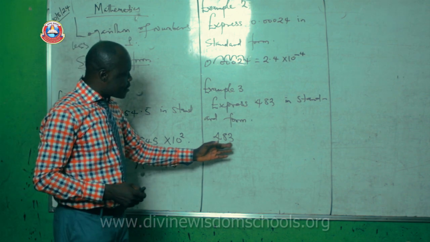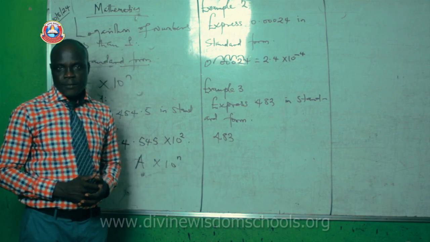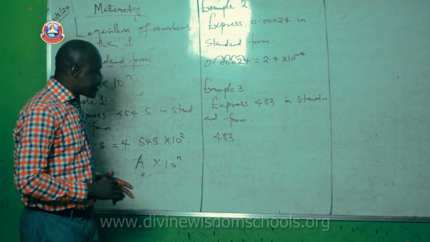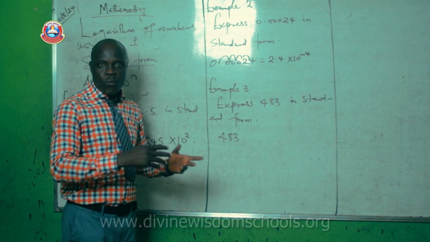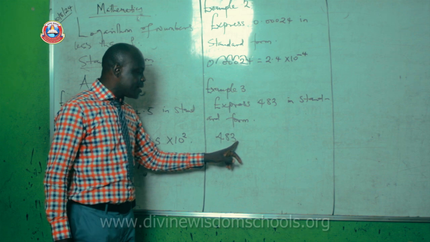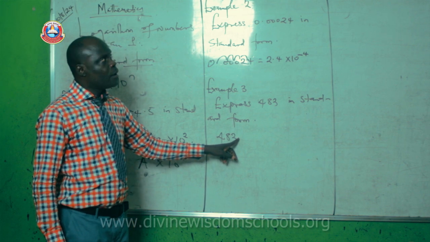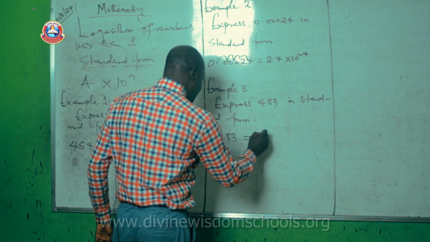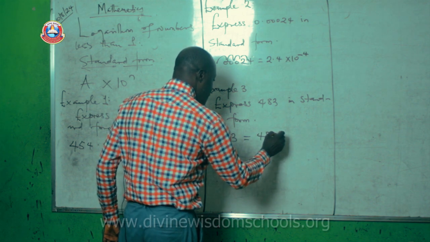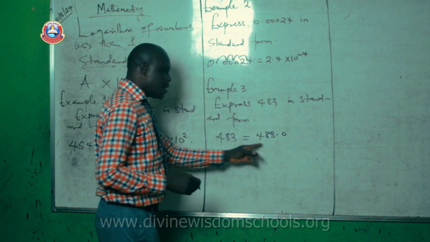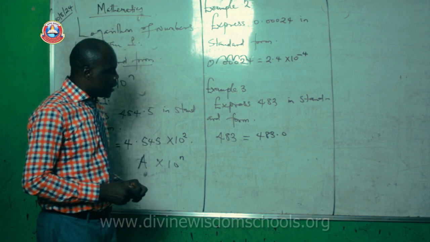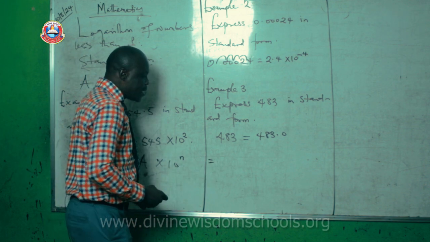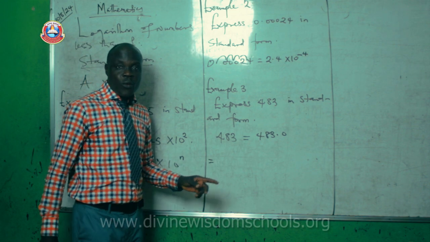But in this case, there is no decimal point anywhere. In a situation like this where you don't have a decimal point, what you need to do is to assume that the decimal point is here. Now we can express this as 483.0. They are the same thing. In this case, how do we now make this a number between 1 and 10?